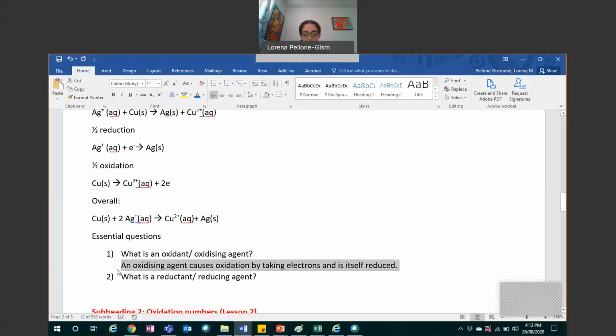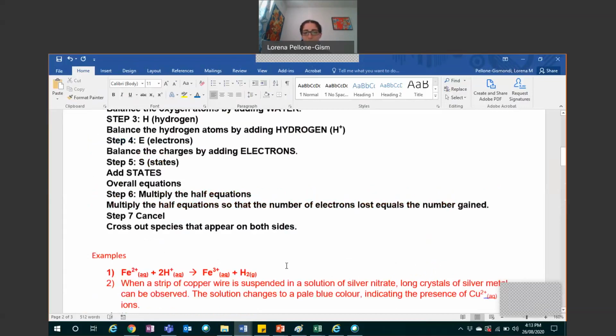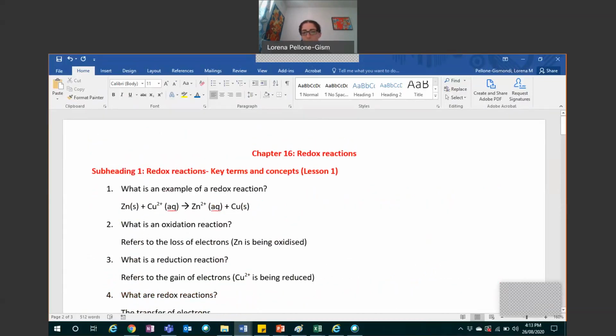Whereas a reducing agent causes reduction by losing electrons and is itself oxidized. So that's it for the terminology and intro to redox.